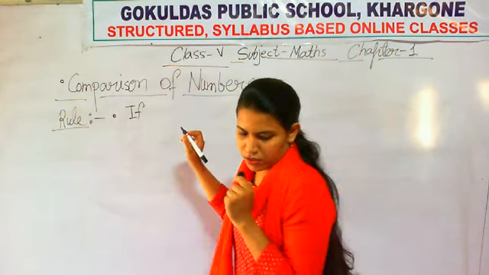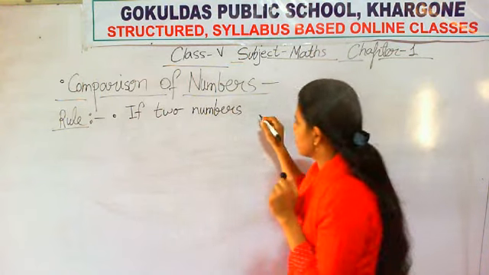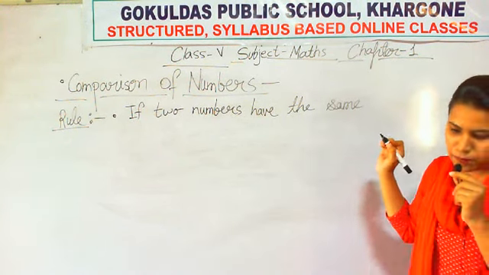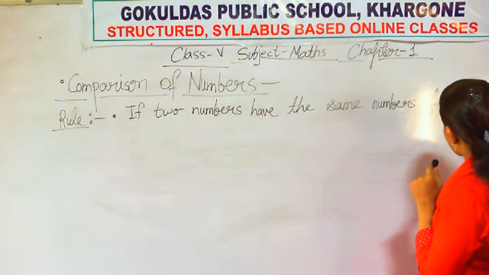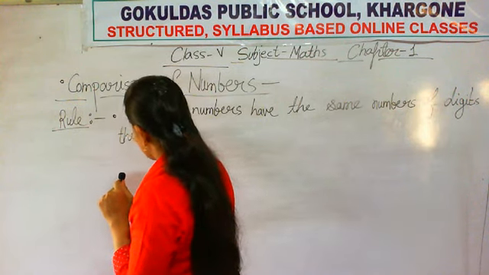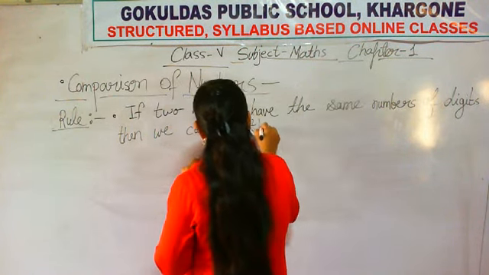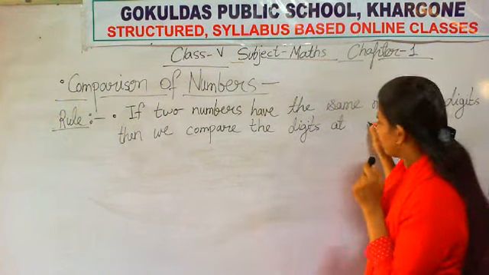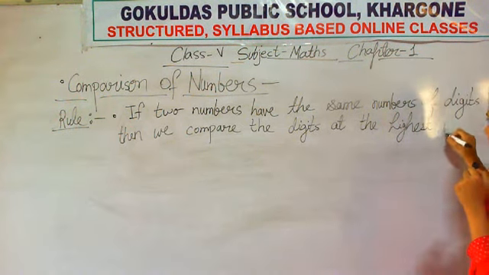Write it with me: if two numbers have the same number of digits, then we compare the digits at the highest place value.